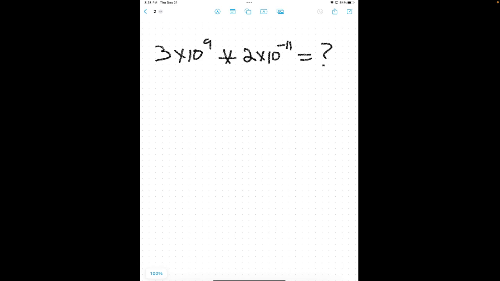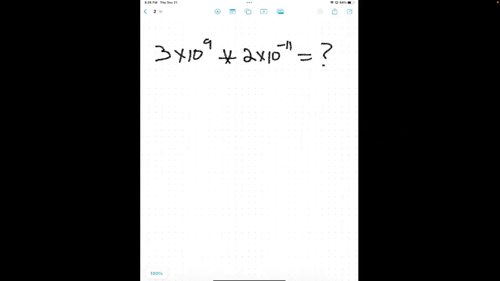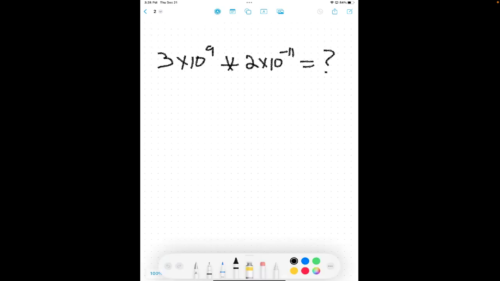In our next example, again we're going to be multiplying two scientific notation numbers together, but this time one has a positive exponent and the second one has a negative exponent. So we'll do the same basic thing. First we'll multiply the two prefix numbers together. 3 times 2 is equal to 6.